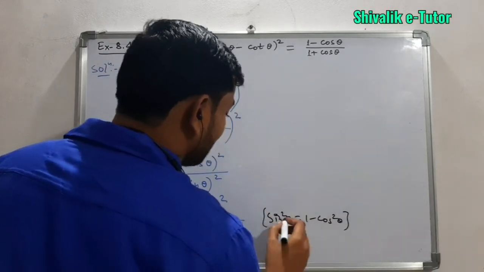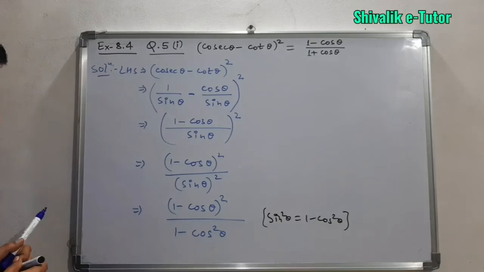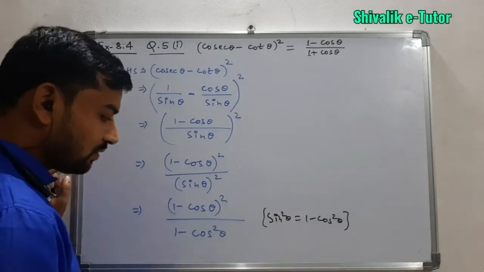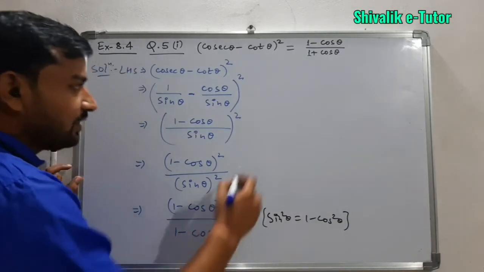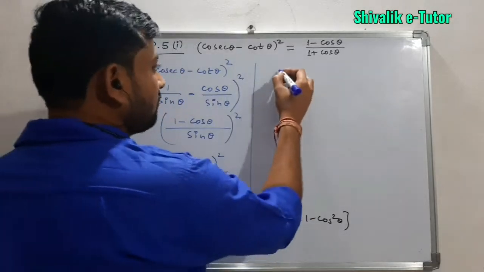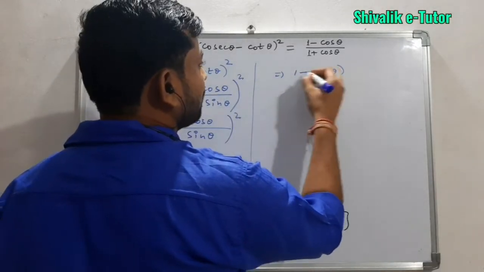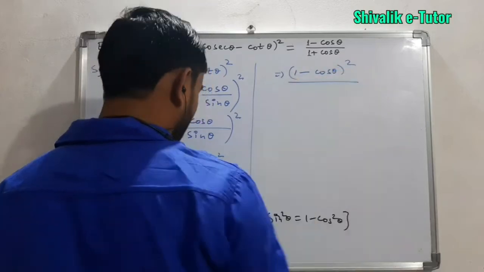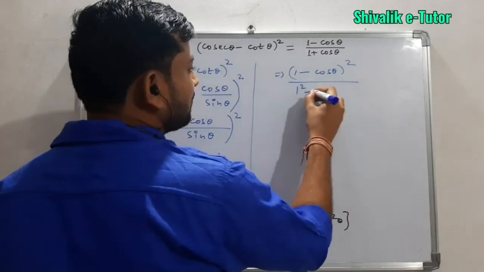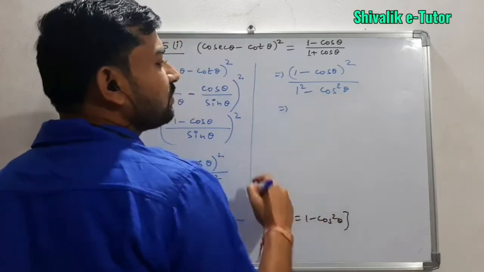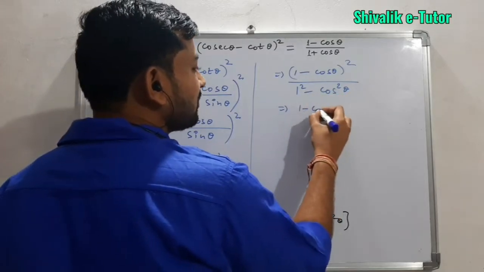So here we have used this relation: sin square theta is replaced with 1 minus cos square theta. Now this can be written as (1 minus cos theta) whole square upon 1 square minus cos square theta, and the identity a square minus b square can be used here.